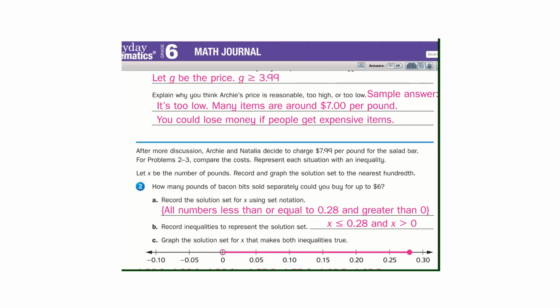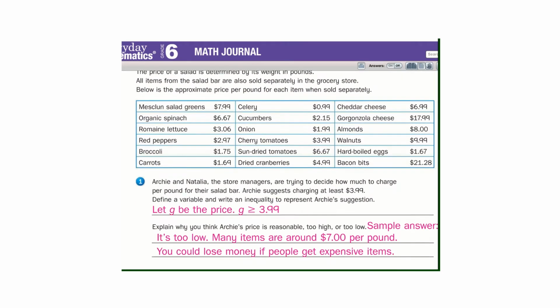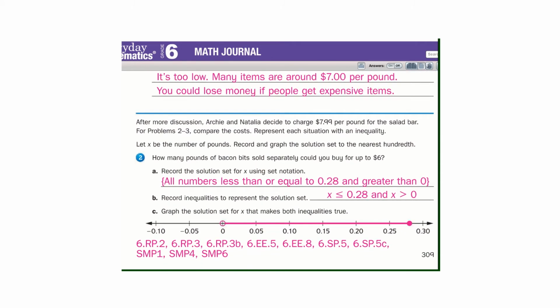What was the price of the bacon bits? Yeah, 21.28. Oh, for $6. Sorry. So let's go $6 divided by 21.28, and then you get 0.28, and that's how they got the 0.28.